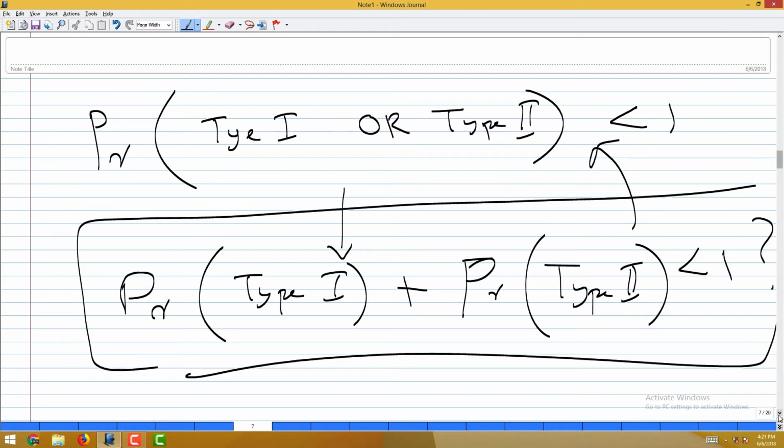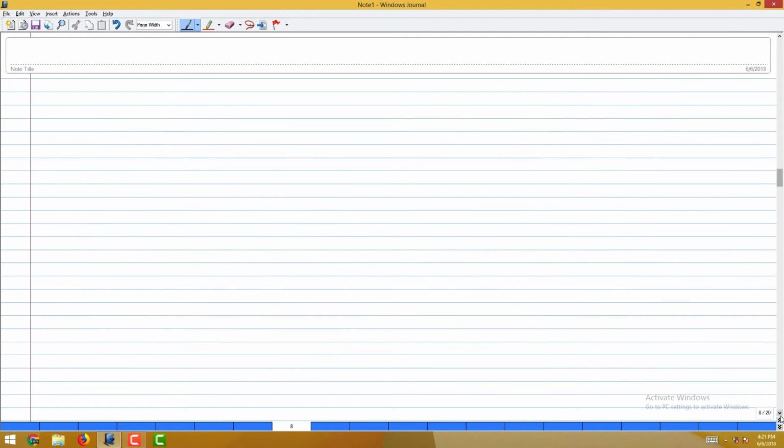And then, do you agree with me that both events should have the same probability? Because let us look at the probability of the first type of event, the probability of type 1 happening. That means there exists a clique of cardinality k.